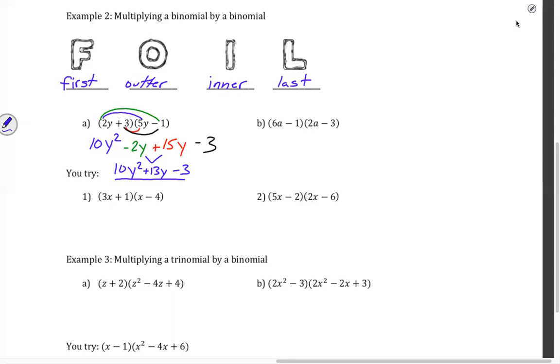One more time. First, so 6a times 2a, that's 12a squared. Outer, that's going to be negative 18a. Inner, that's going to be negative 2a. And last, that's going to be a positive 3.